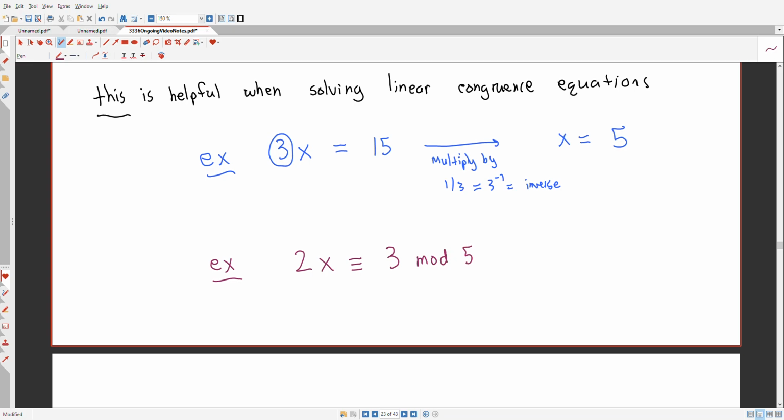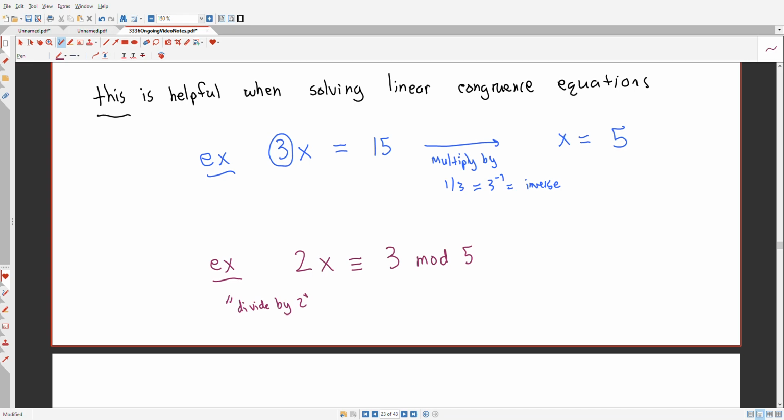So this has the same sort of flavor as my blue equation, but now instead of an equal sign, I have my equivalence or congruent sign, and I don't just have 3, I have 3 mod 5. So here's what I'd like to do. I would love to divide by 2, right? Just like I did dividing by 3 in my equation above.